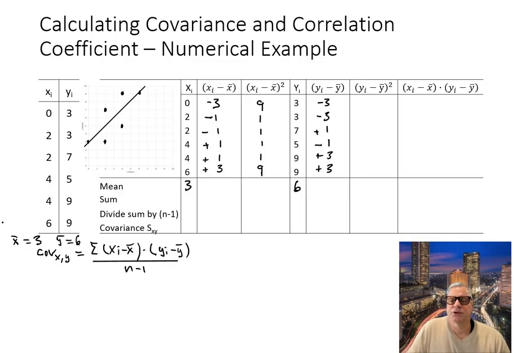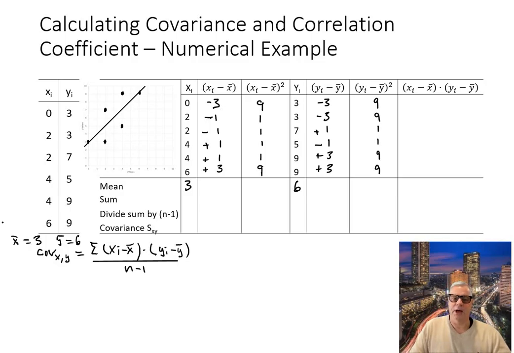Okay, so let's square everything again. Negative 3 squared is 9, 9, 1, 1, 9, 9.